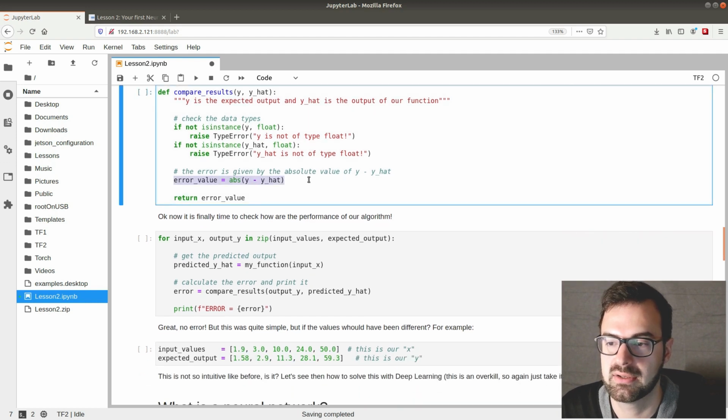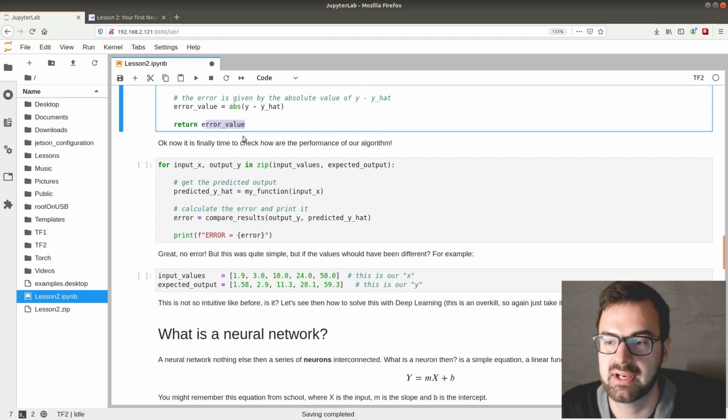And then this is our error function. What is it all about? It's nothing else than the absolute value of y minus y hat. Why this? So that we always get a positive error. By checking the difference between y and y hat, we see how different those two outputs are. And then we return the error value.